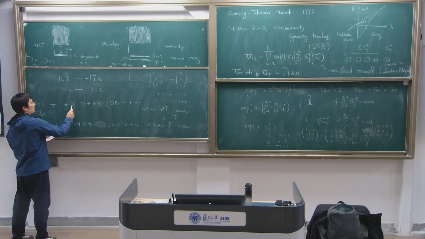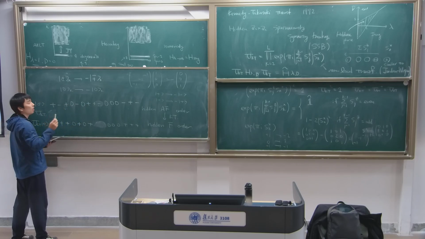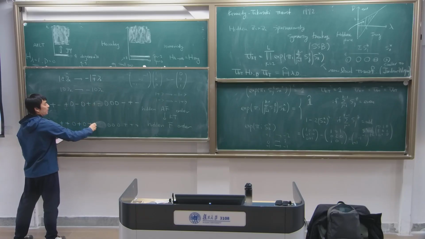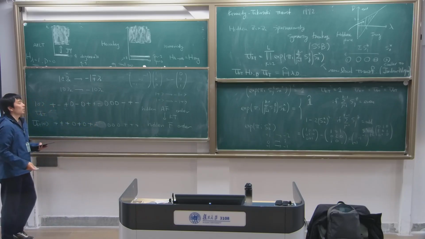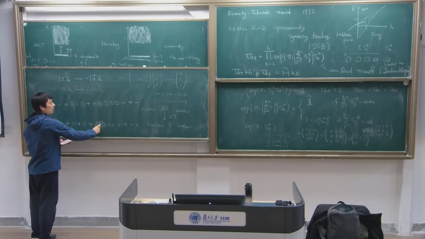Plus minus plus minus plus means if you sum them up, you get plus 1. Odd. So therefore plus is mapped to minus. Okay? And if you sum them up, what's going to happen is even, plus 2. So therefore minus should be minus.